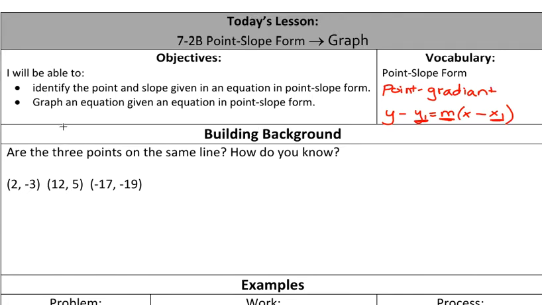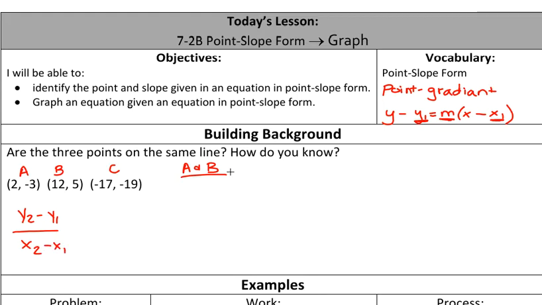Now, first thing, just to remember, if 3 points are on the same line, we know that because they have the same slopes, or they have different slopes if they are not. So let's label these A, B, and C. Okay, so let's find the slope between A and B. That's our y2 minus y1 over x2 minus x1.